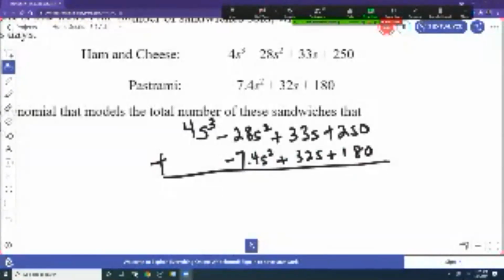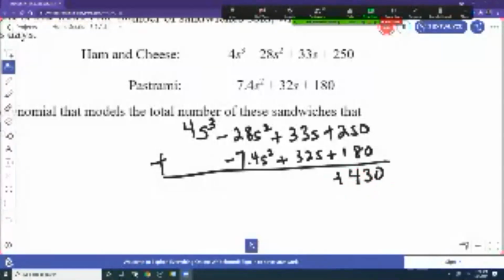250 plus 180. 430. Let's have one more person verify. Is it 430? Let's have a couple of people verify. Okay, 430.